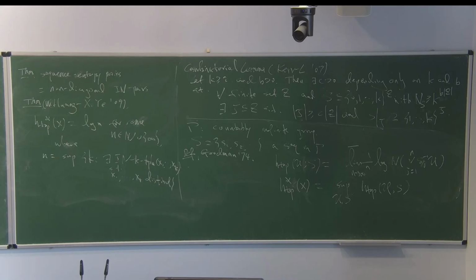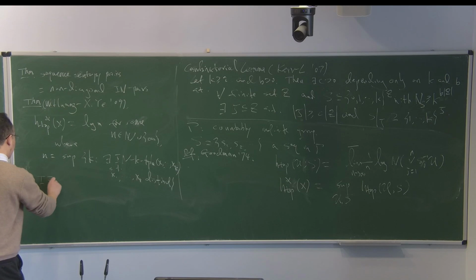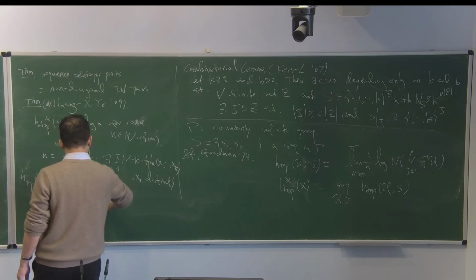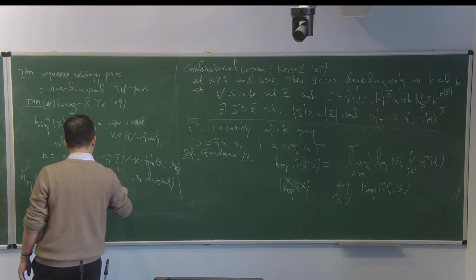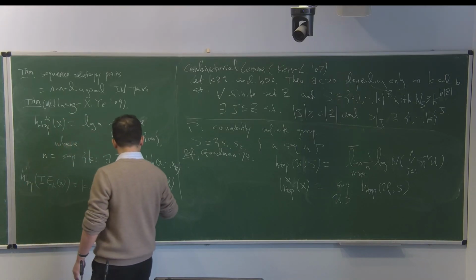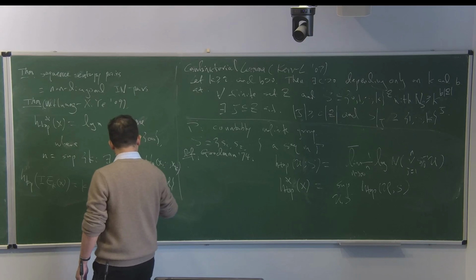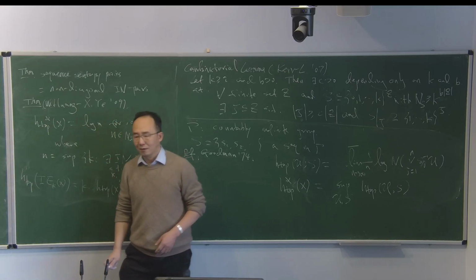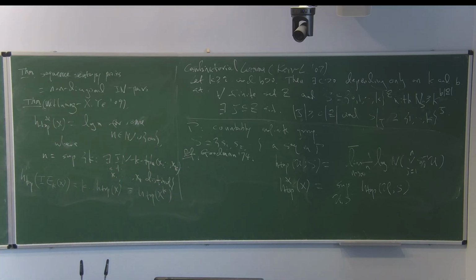You mean talk about IE? Yeah, that's a question. I think the entropy is actually the same. I mean, this is actually k times the entropy for X, but then that is exactly the entropy for X to the k. Yeah, that's true. But I don't think it's in the literature, but that's true.